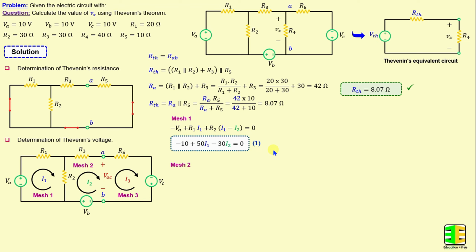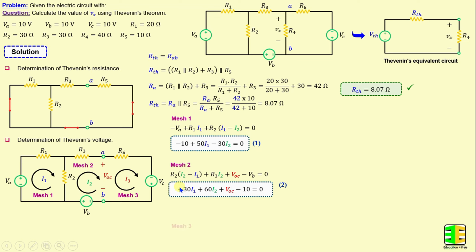Now, by applying Kirchhoff's voltage law in mesh 2, we can write R2 times I2 minus I1 plus R3 times I2 plus VOC minus VB is equal to 0. And if we replace the voltage and the resistors with their numerical values, we obtain negative 30 times I1 plus 60 times I2 plus VOC minus 10 is equal to 0.